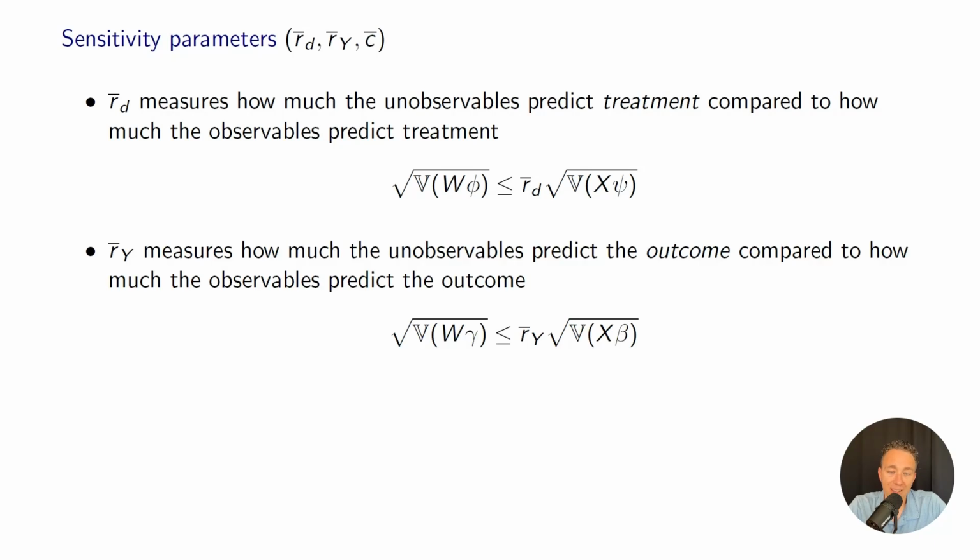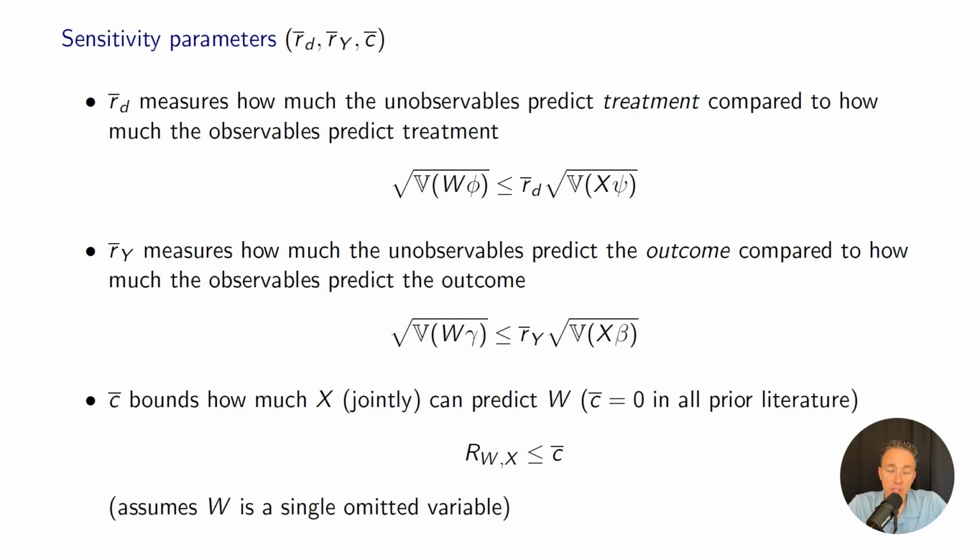R bar y measures how much the unobservables can predict the outcome compared to how much the observables can predict the outcome. So it's analogous to R bar d. R bar d concerns itself with the selection equation, and R bar y concerns itself with the outcome equation. And then C bar governs how much we're allowing the x's to be endogenous.